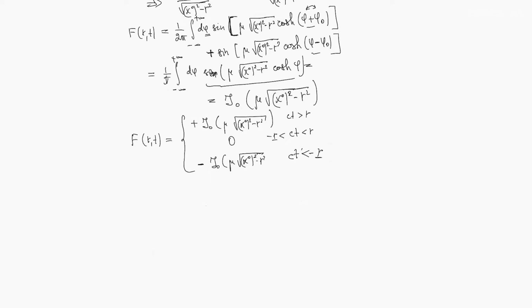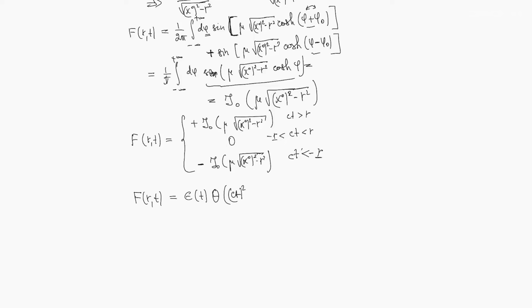So these 3 results for f on RT can be combined in one expression by saying that f on RT is given by epsilon of T multiplied with theta function of CT squared minus R squared. So CT is x0.